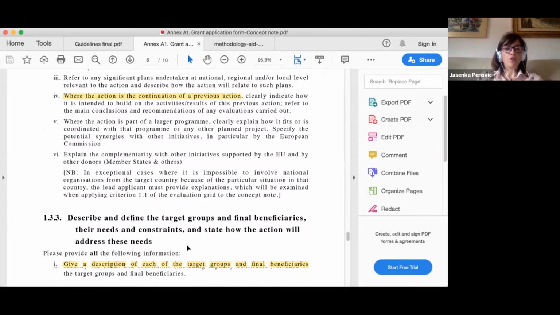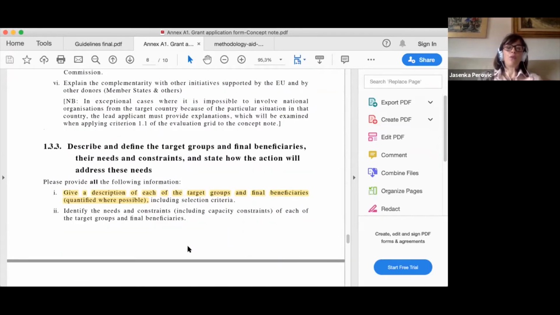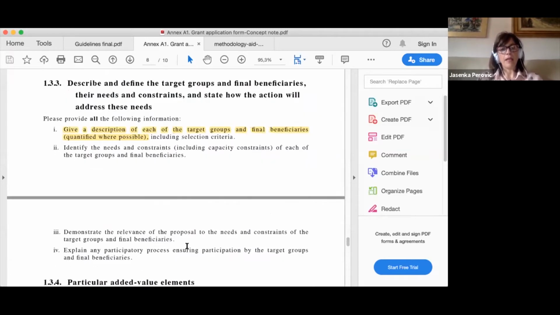And here you have to show how your project idea will really benefit or contribute to the target group and beneficiaries. Again, plenty of things to keep in mind, and please do not neglect any of these bullet points.